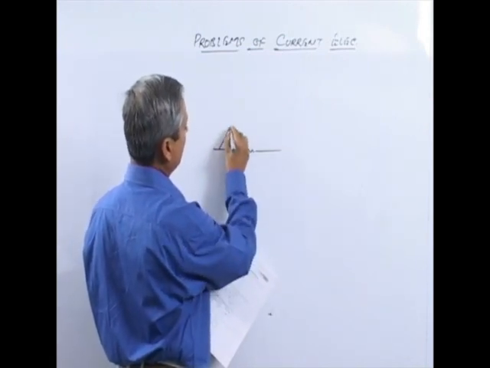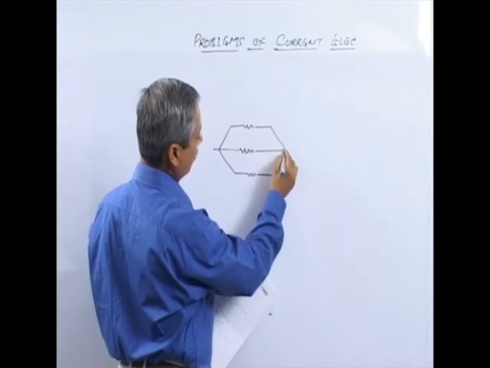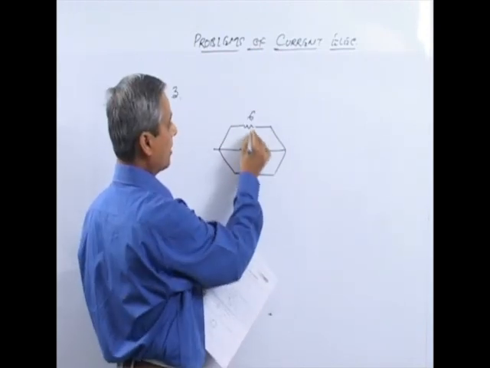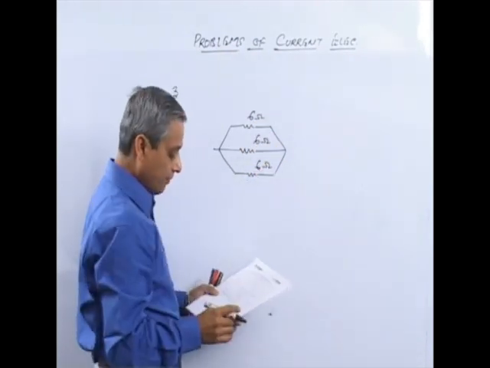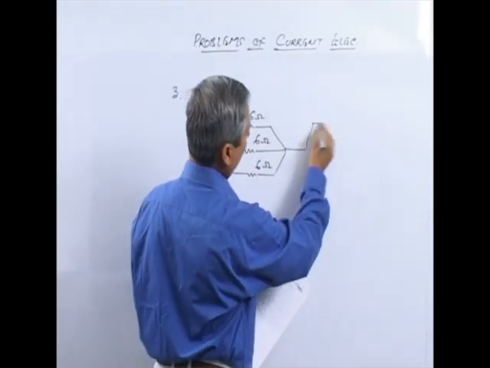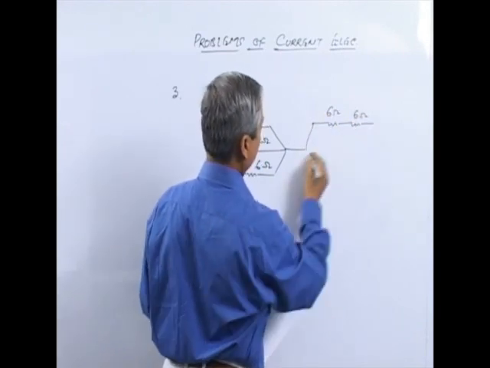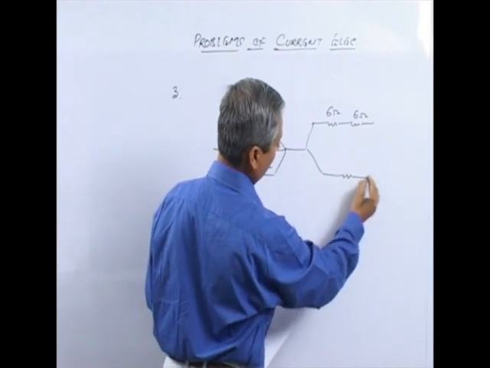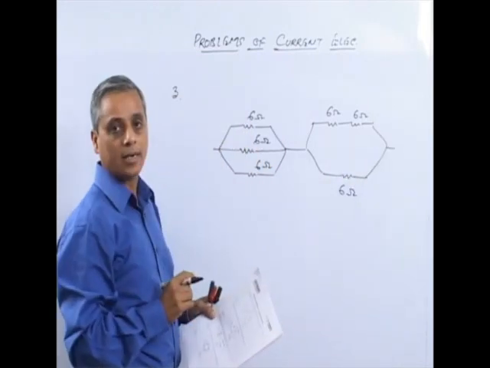You have first of all 3 resistances of 6 ohm each connected in parallel combination. This is 6, 6 and 6 ohms. Then we have 2 resistances of 6 ohm connected in series and one in parallel with this 6 ohm, and that completes the circuit.